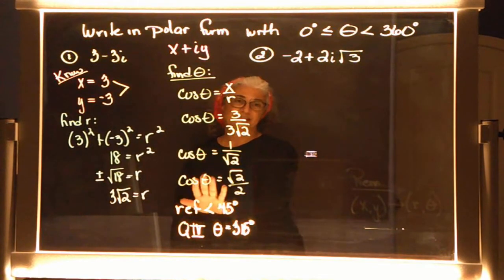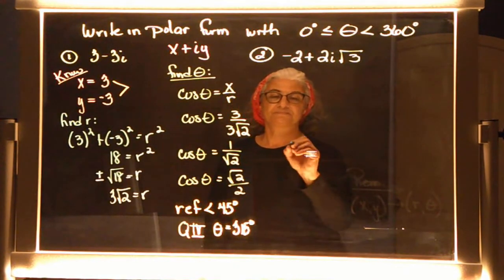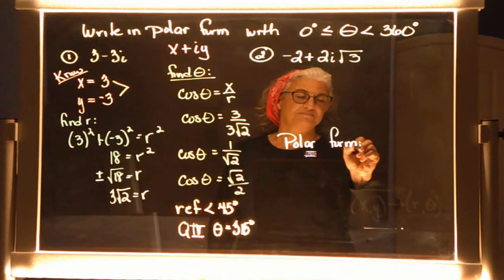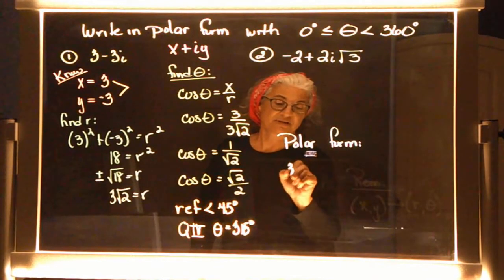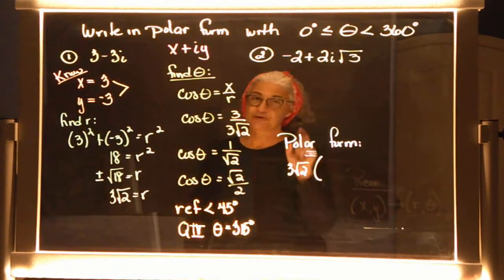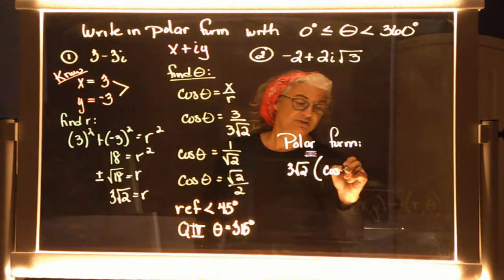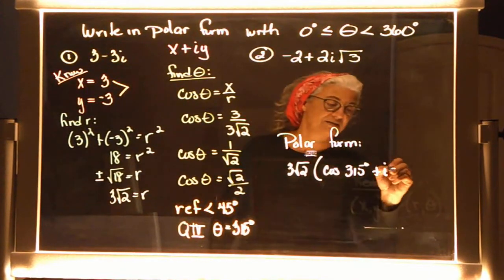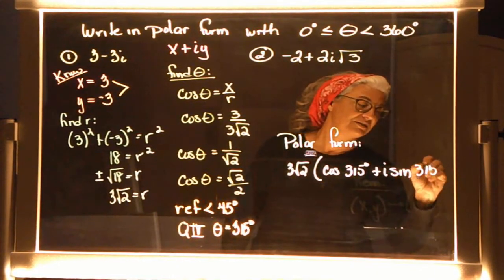So this final answer is going to look like r, which is 3 square root of 2, and in parentheses, the cosine of theta, which is 315 degrees, plus i times the sine of theta, 315 degrees.